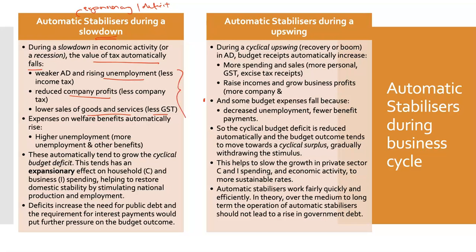So we're going to have less receipts. And expenses are going to increase. We're going to have to pay more welfare because of higher unemployment. And hence less receipts and more payments is going to create expansionary or deficit budgets. These automatically happen due to the business cycle, and this tends to have an expansionary effect.